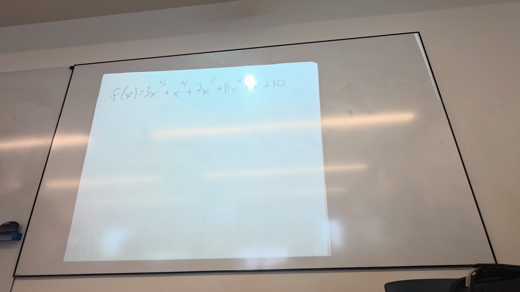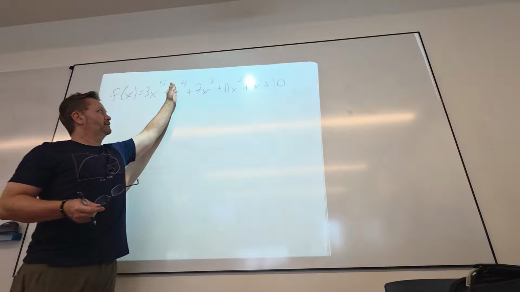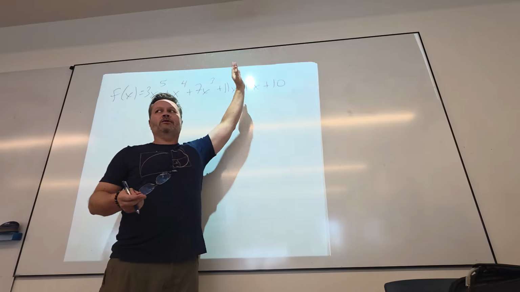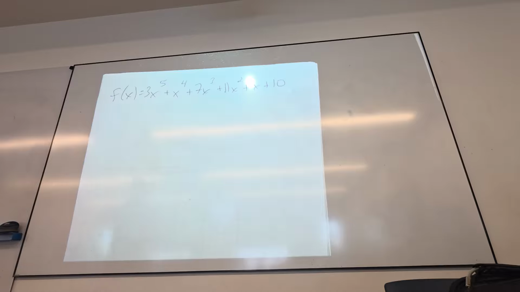In order for the answer to be 0, what's got to happen? Whatever you got in there has to cancel somehow, correct? If I put in a positive number, what's true about every number I get? Do any of them cancel each other? Because they're all positive. So could there be any positive roots?